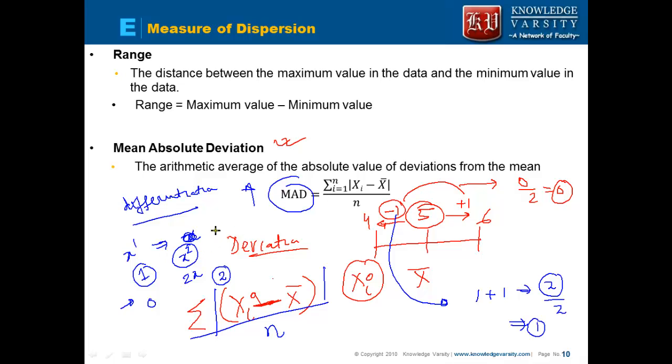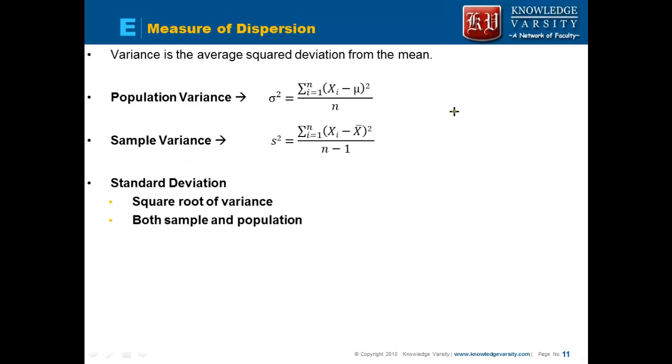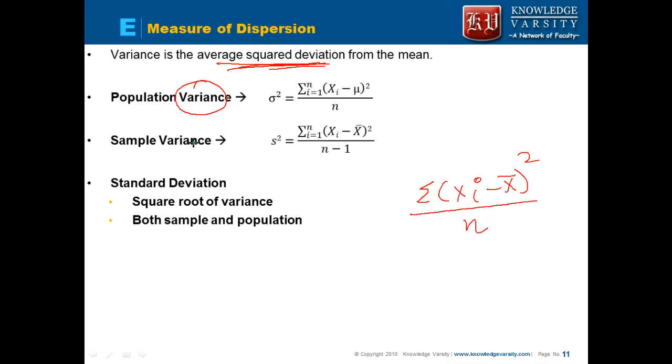So we have another term, which is your variance. In the variance, what we do is we take the average squared deviation from the mean. So we take the summation, and to make it positive we do the square, and then we divide by n. This square is useful for differentiation purposes. Now, two variances are there, population variance and sample variance.